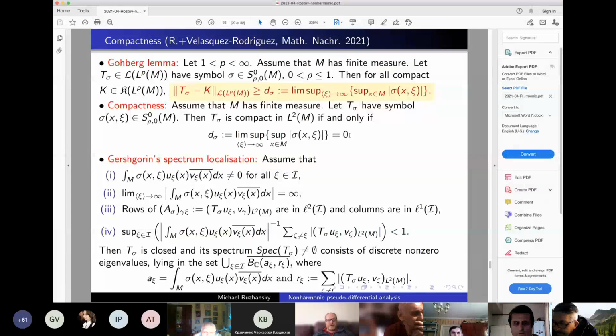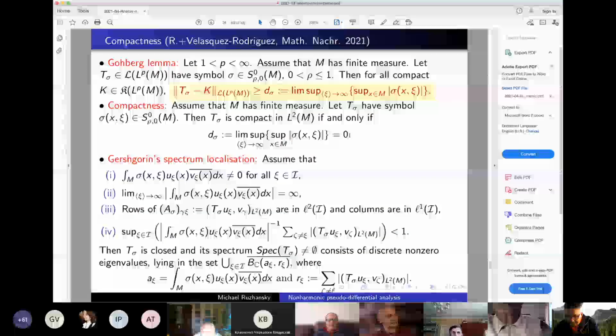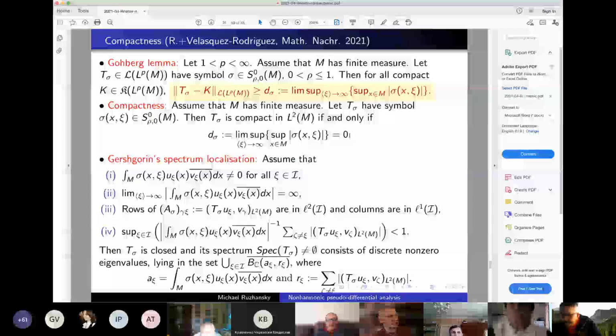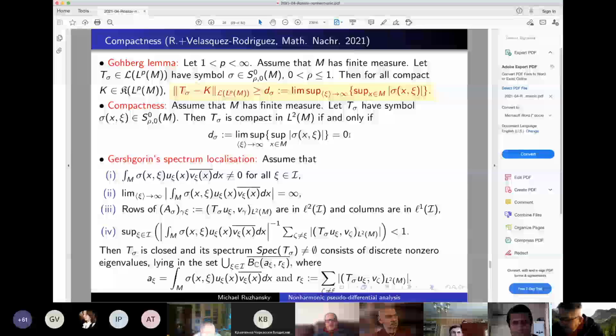And then we also have Gershgorin theory. There is a so-called Gershgorin theory of spectrum localization, which tells us where the spectrum of an operator is. And so here we have a version of Gershgorin theory for our setting. Basically, there are so-called Gershgorin disks.